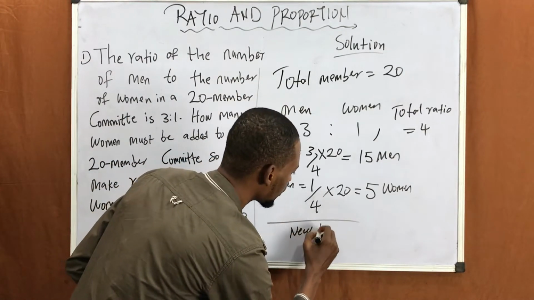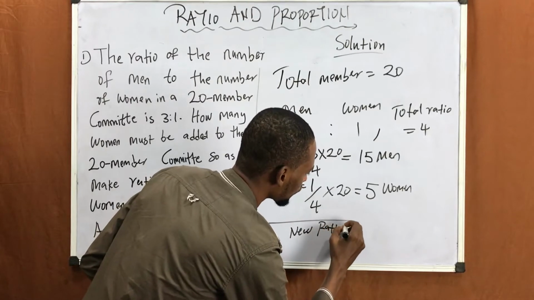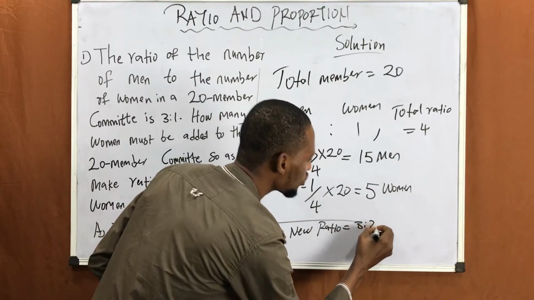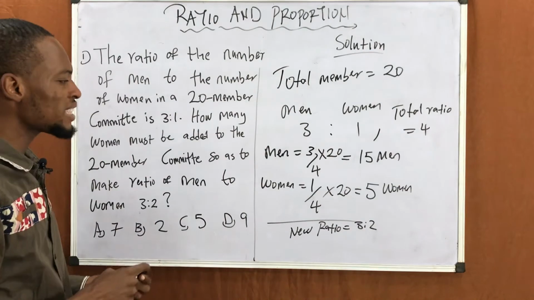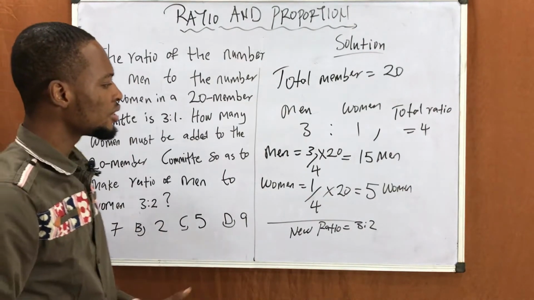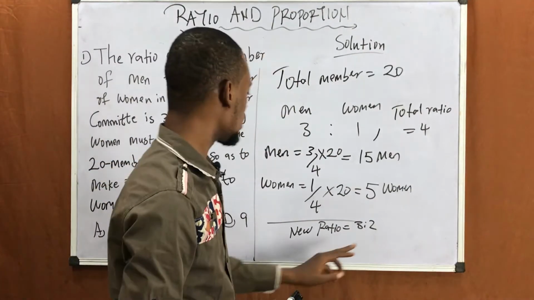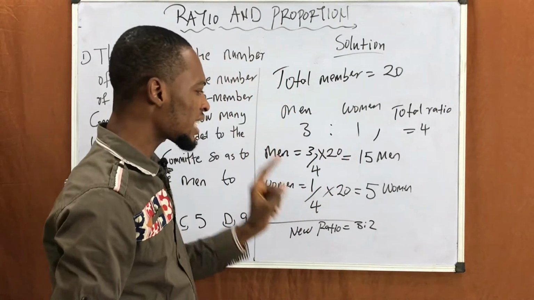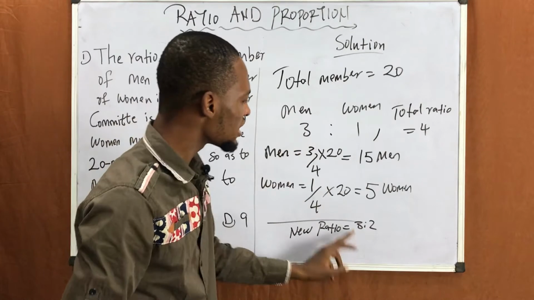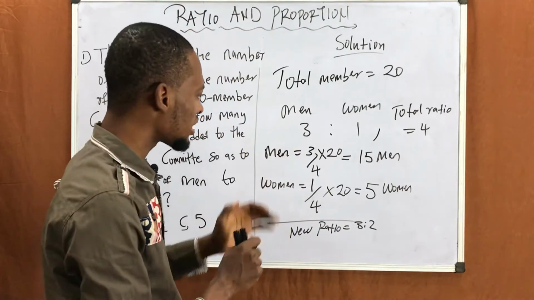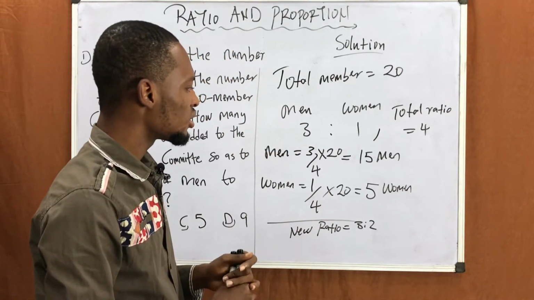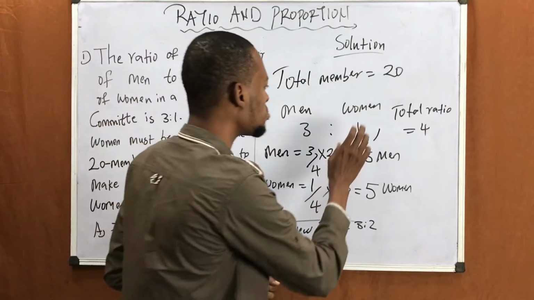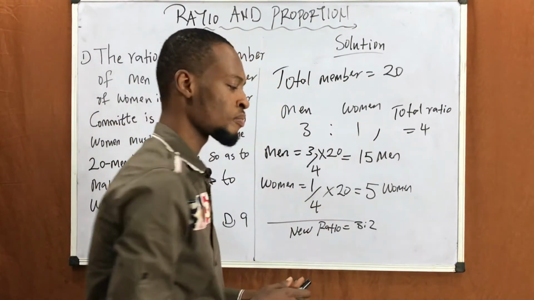So we are told that we need to make the ratio now. New ratio equals 3:2. So now let's compare the new ratio to the old ratio. New ratio is 3:2 of men to women. Old ratio is 3:1. If you look at this, it means the number of men is constant. We are not touching the number of men. So we are being asked to shift the ratio to double the number of women.